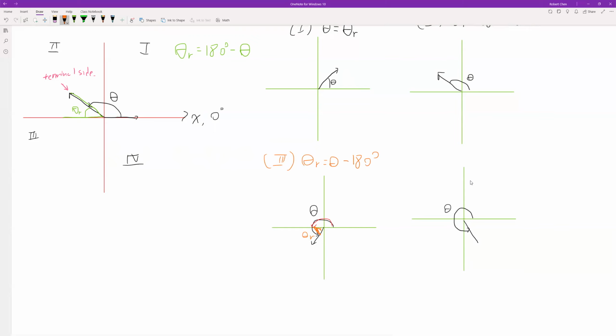Because we don't want the top side, we just want this side in order to be acute. All right, and in quadrant 4, we know that a full rotation is 360 degrees. So the reference angle that we want is this blue part right here, between the terminal side and the positive x-axis. So the reference angle is going to be 360 degrees minus theta.